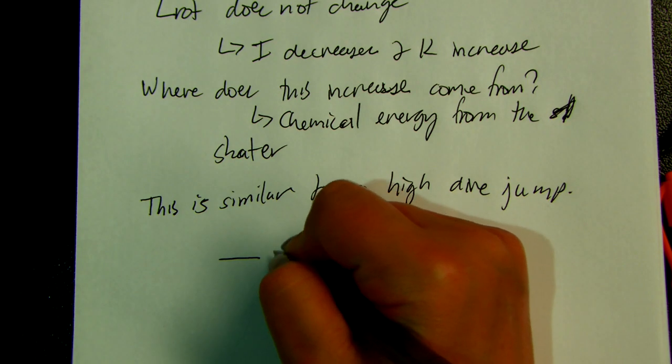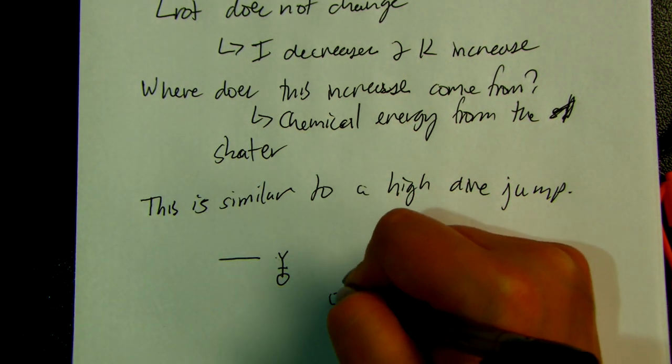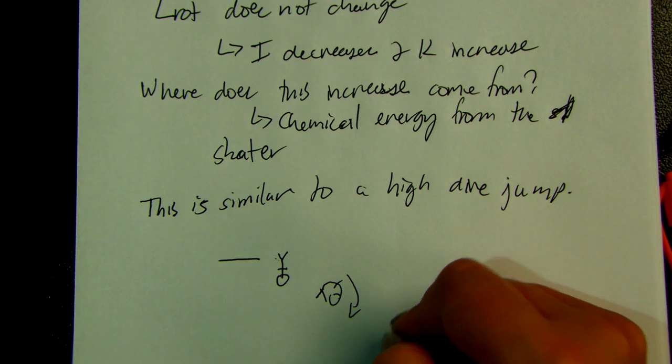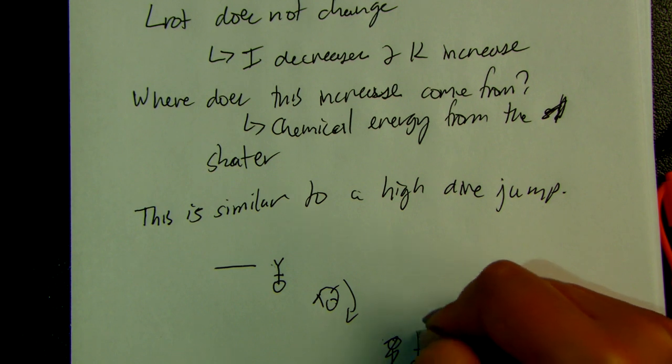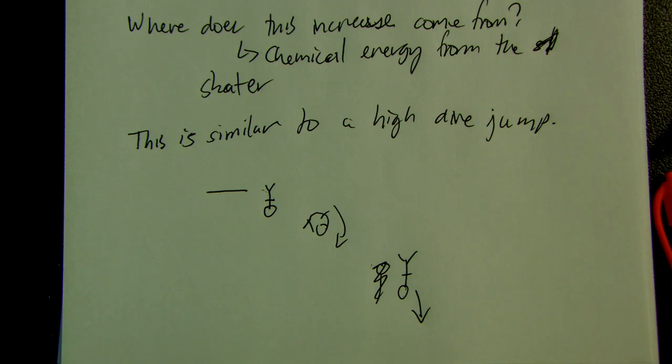So when you have these people who do high dive jumps, they jump, they're going straight down, then they'll curl up into a ball, go fast, and then straighten out once again. And so what they're doing is they're changing their moment of inertia by changing their shape, taking advantage of the conservation of rotational angular momentum to really get a fast spin going on, and then straightening back out.